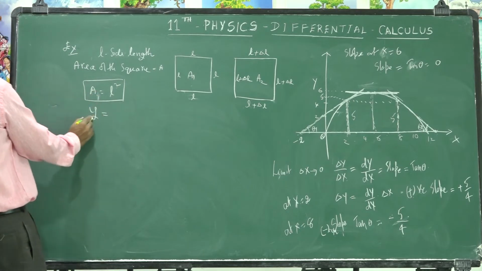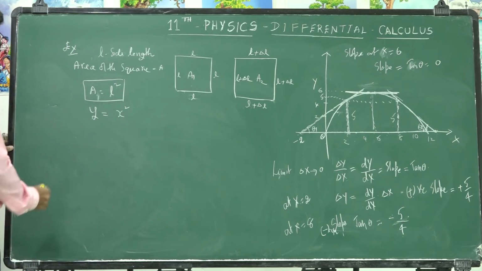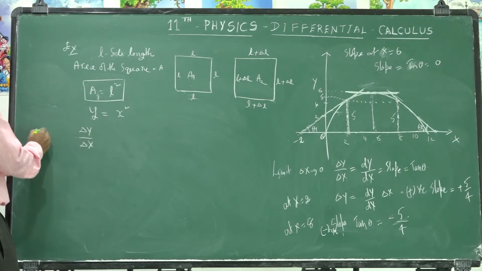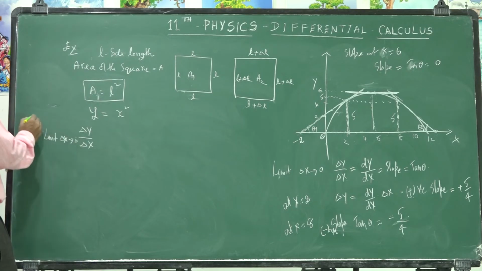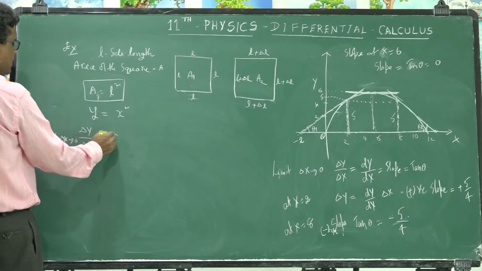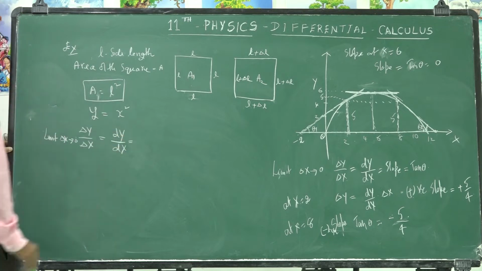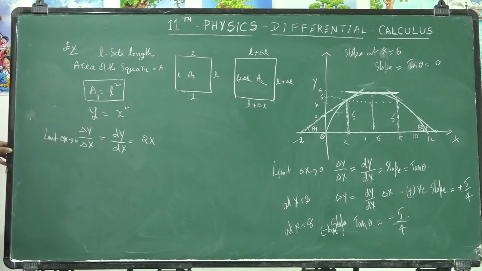Y is a physical quantity, area, x square. So we can write it as delta y by delta x, limit delta x tends to 0, that is instantaneous rate of change, dy by dx. That answer is 2x.